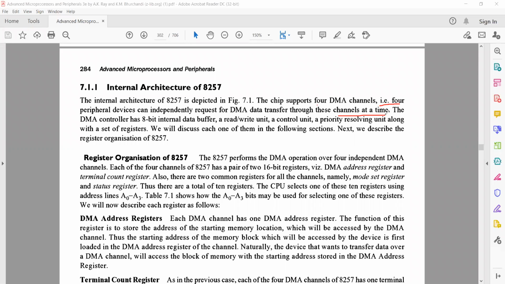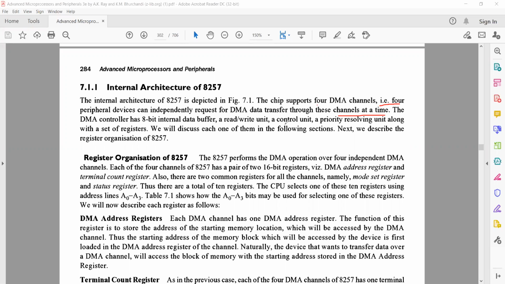Out of that, the priority resolver chooses one, and one will be connected for data transfer. So one at a time will be processed, not 4 at a time. All 4 will not be processed at a time, but the data transfer will be done one by one.